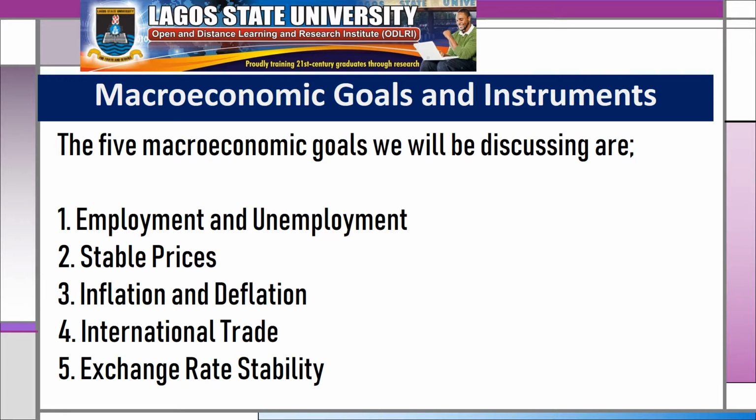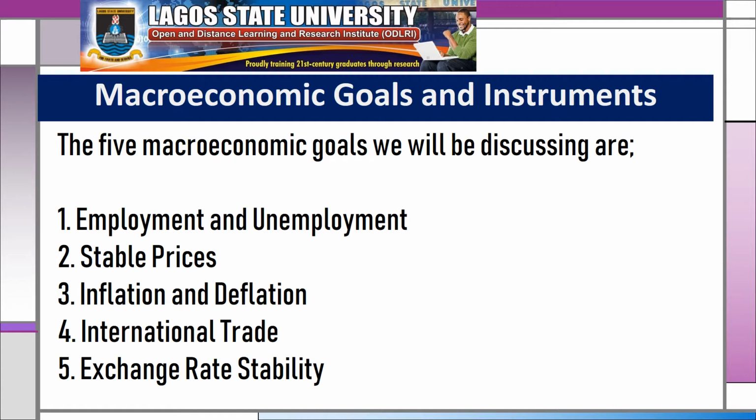Why? Because of inflation. What is deflation? Deflation looks at when prices come down, we have better bargaining power. Different types of inflation we'll be looking at: the creeping, the walking, the galloping, and the hyperinflation.